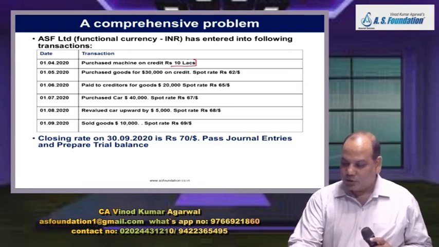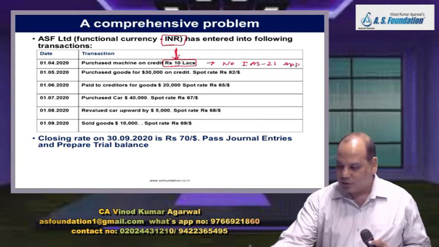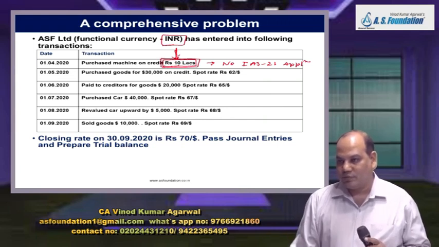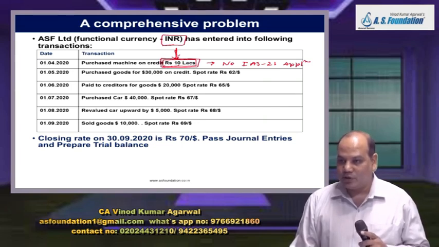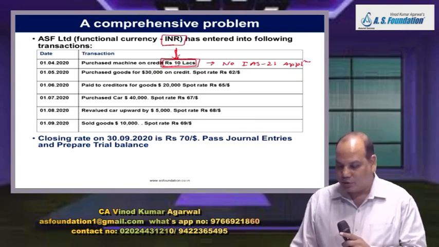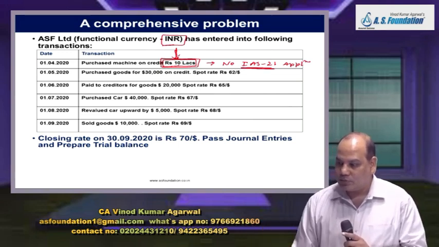Now see, this is to confuse you. Your functional currency is INR. Transaction is also in INR. So no IAS 21 application here, correct? Just you will pass a normal entry like a 11th standard accounts question. Machinery account debit 10 lakh to creditor for machinery 10 lakh. And no further treatment, only for payment or depreciation or revaluation. So for this transaction IAS 21 is not applicable.